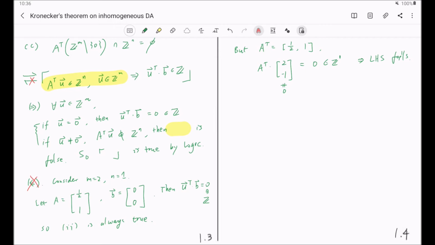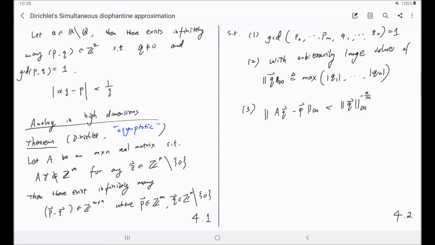At this point, some of you may have an immediate question. Why are we using AT here instead of A itself? Can we replace this AT by just A and swap integer m and integer n, as we did for this asymptotic version of Dirichlet's Diophantine approximation?